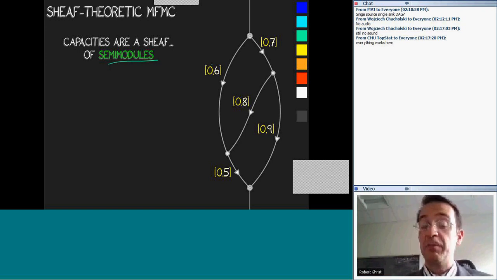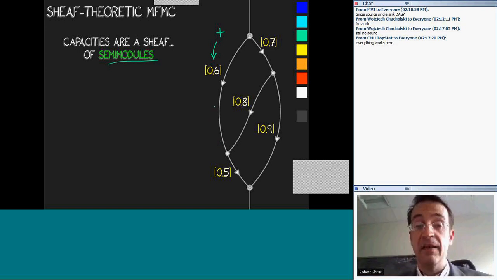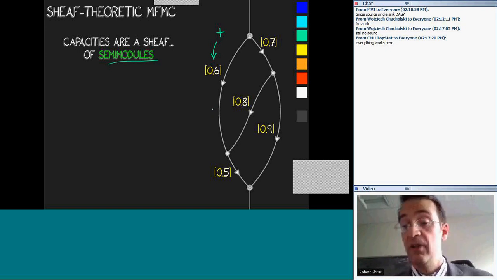The simplest example of this expands these numerical capacities out to intervals. For example, in the capacity of 6, we have the closed interval from 0 to 6 under addition, but it's going to be an unusual sort of addition in that there are no inverses, there's no subtraction. So you have something like a commutative monoid.